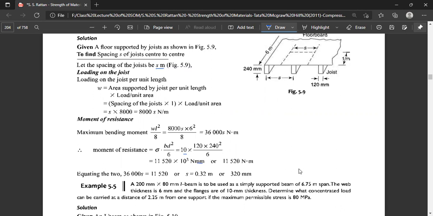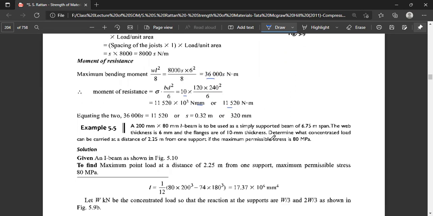Equating these two bending moments, 36,000 S is 11520, or S is equal to 0.32 meter or 320 millimeter.